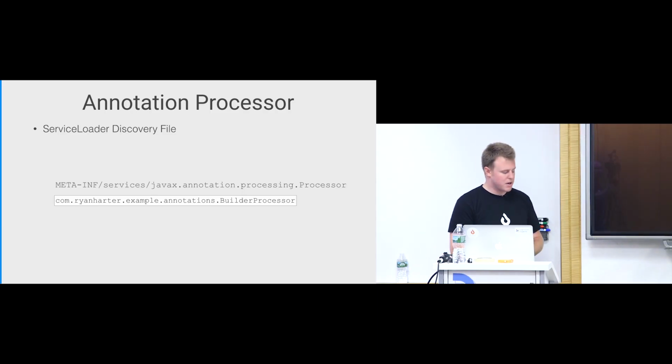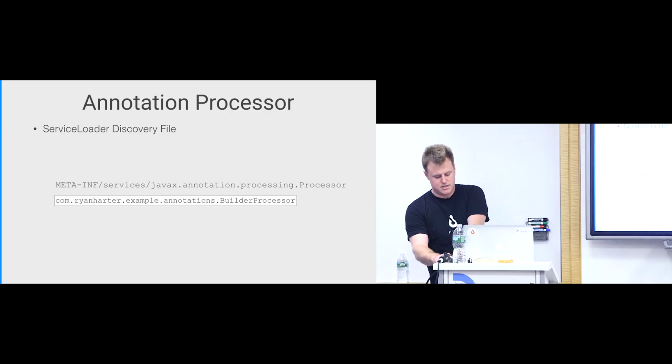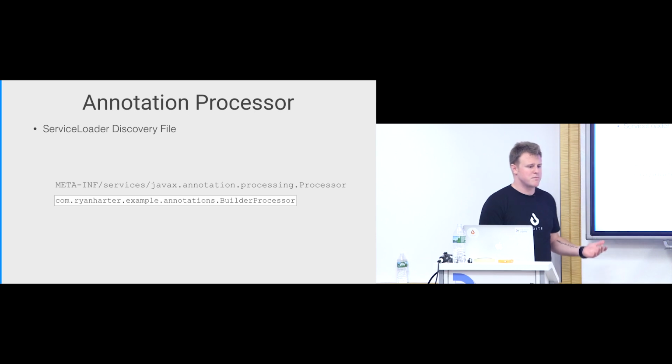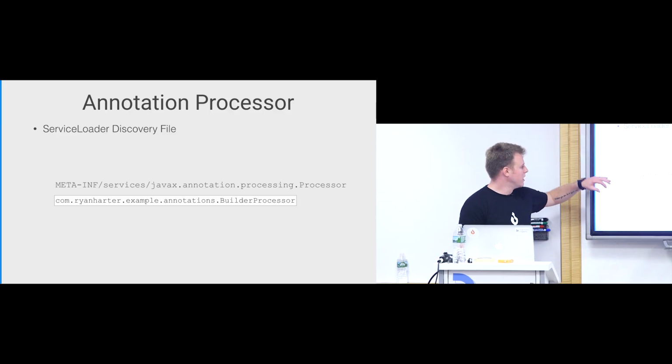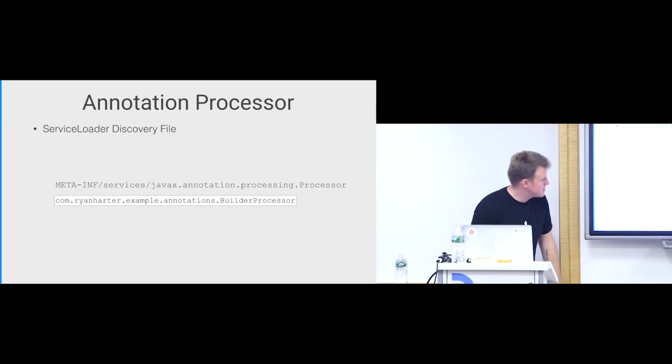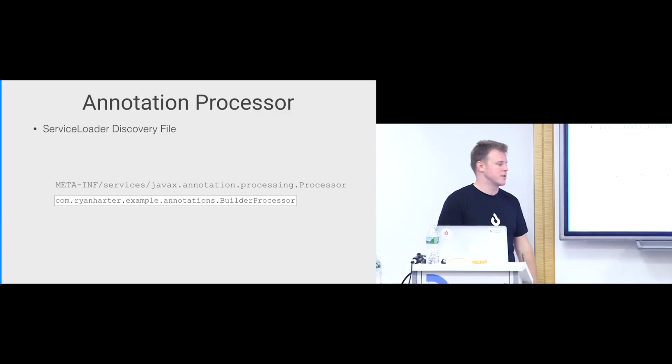This is how the annotation processing tool determines what annotation processors are available at runtime. Basically, inside your jar file, you have a META-INF services directory, and then the fully qualified name of whatever service you're implementing. In our case, it's a processor.